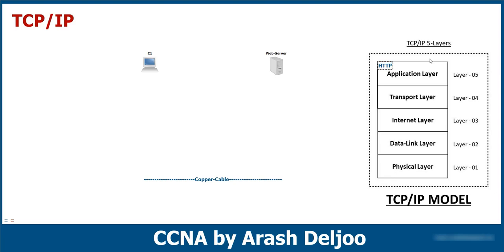Let me write some of them here: HTTP or HTTPS, for example, or Telnet, SSH, or maybe FTP. You will learn about many of them in this course and some of them in a future course, for example SMTP, POP3, or some other applications. But now I'm going to give you one example with HTTP.